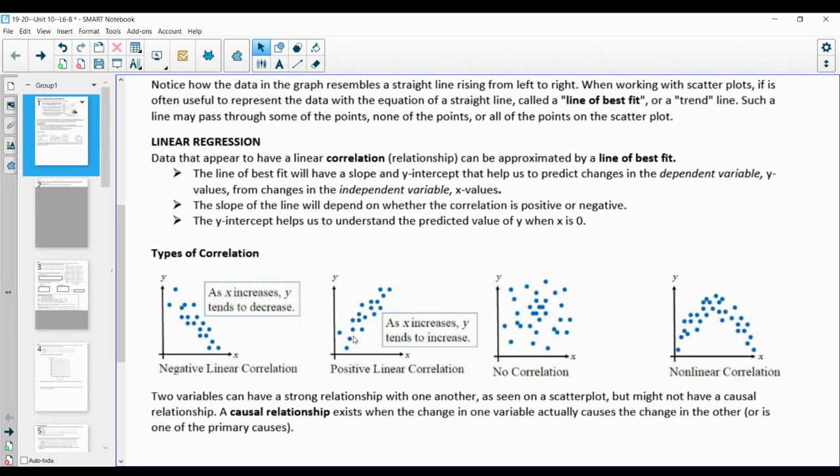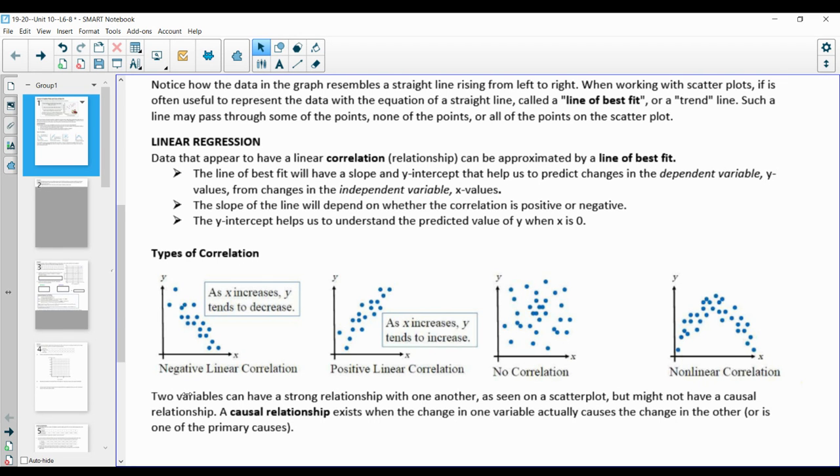You could have a positive linear correlation, which is what we had on the top of this page talking about the time studying and the grade. The positive linear correlation would mean your slope is positive, and that's as x increases, y tends to increase. You could have something over here, and there's no correlation there. Or finally, you have one over here, and it's a non-linear correlation.